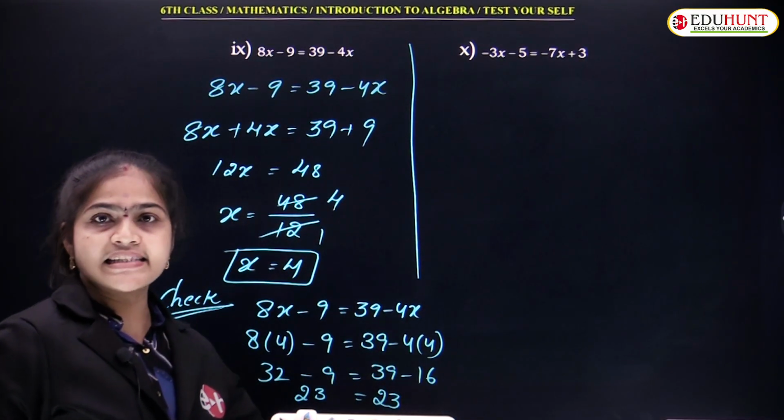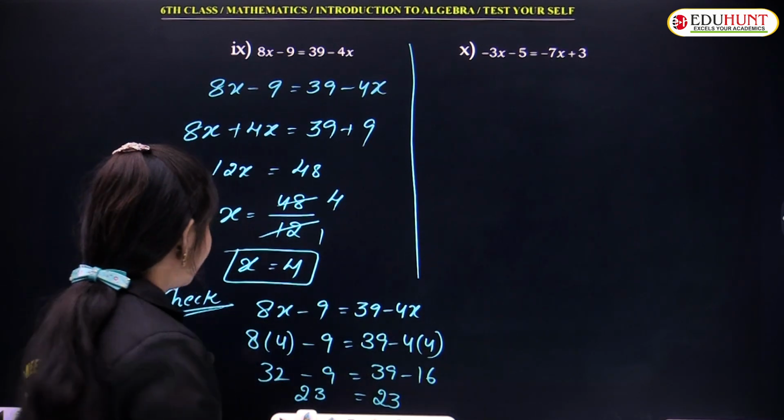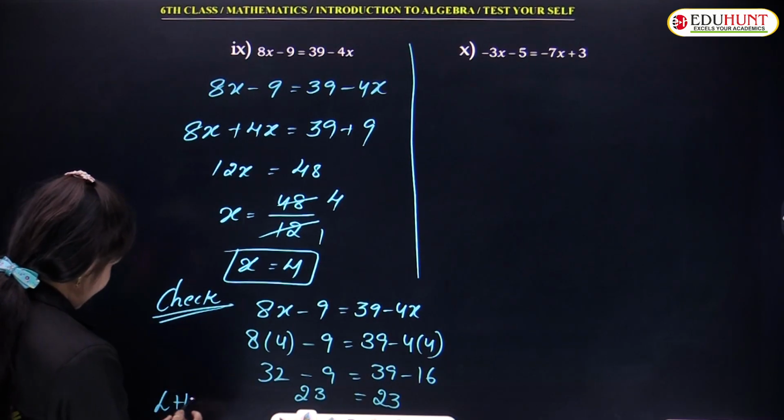Here also we got the same answer, 23 is equal to 23. So finally LHS is equal to RHS.